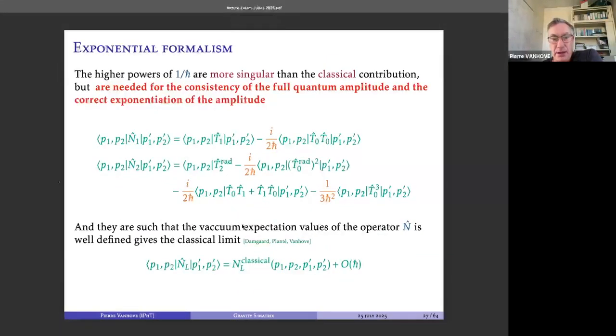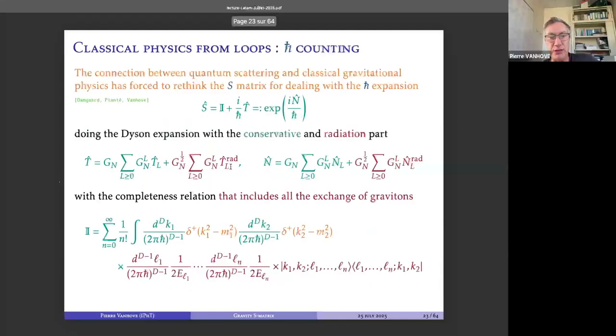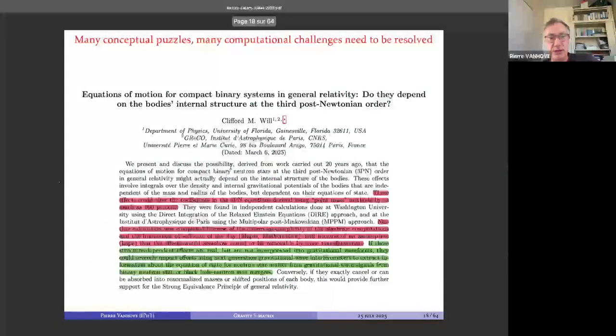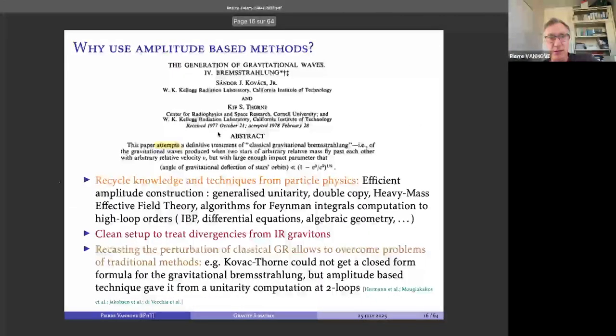So the result of this analysis is that we have a way to do exactly what Fohm and Kovacs were saying, in the sense of finding a way to use the Feynman integral.